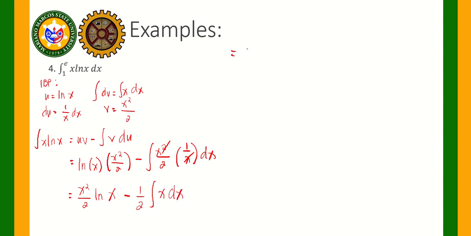So, this will be equal to x squared ln of x over 2 minus 1/2 times x squared over 2 plus c. Hindi na wala ng plus c kasi definite na tayo. So, this will be equal to, and of course, yung limit natin is from 1 to e. Okay, 1 to e yan. I forgot, 1 to e.